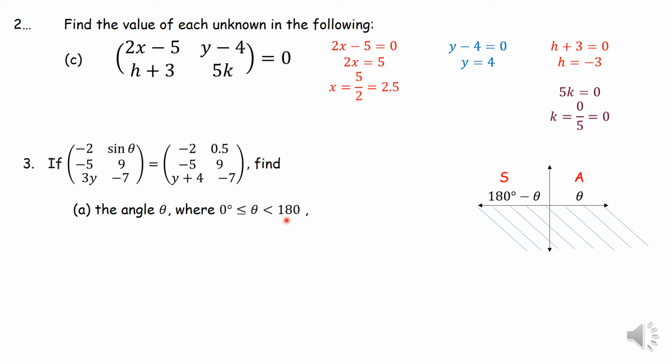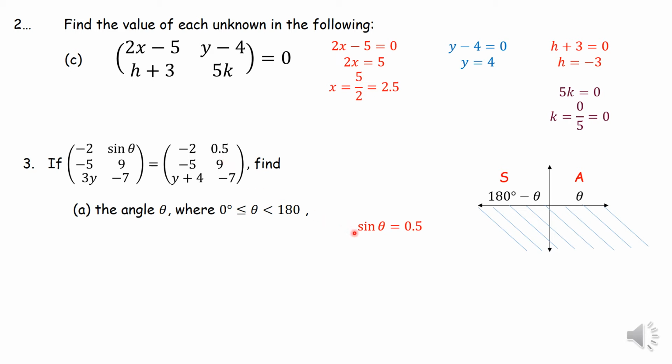So the only quadrants where the sine ratio is positive: all the ratios are positive in the first quadrant, and in the second quadrant, the sine ratio is also positive. And these are the two angles that we are going to look for because it is adhering to our domain here. All right. So we know that whatever theta is, we say sine theta is equal to 0.5.